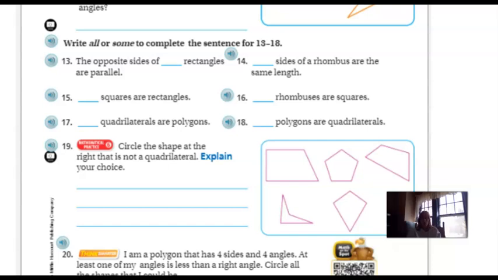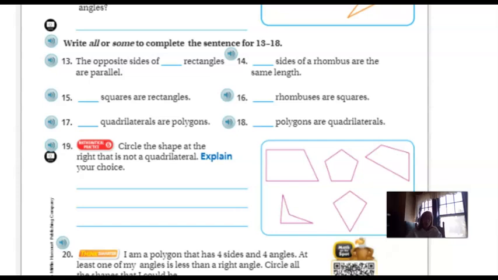All quadrilaterals are polygons because they all have line segments that are closed. And then polygons are quadrilaterals. Well, now only some polygons are quadrilaterals because you could have a polygon that is a hexagon or an octagon or a nonagon or a dodecagon or triangle. So not all polygons, only some polygons are quadrilaterals.